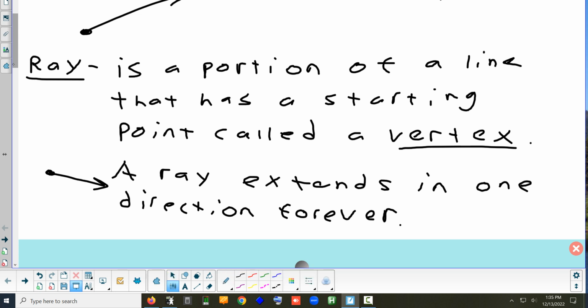Now, if we take another ray, like that, and line that up with the first one, like this, what we've just created there is an angle.